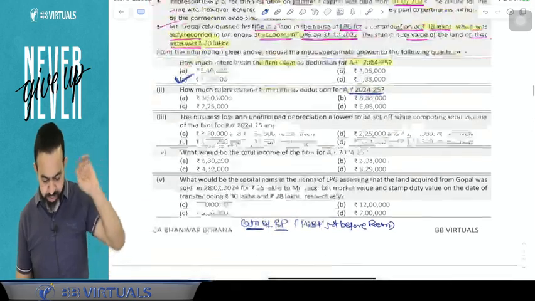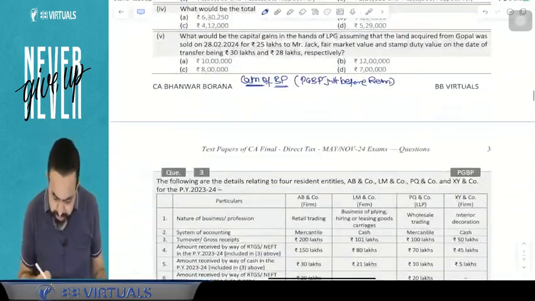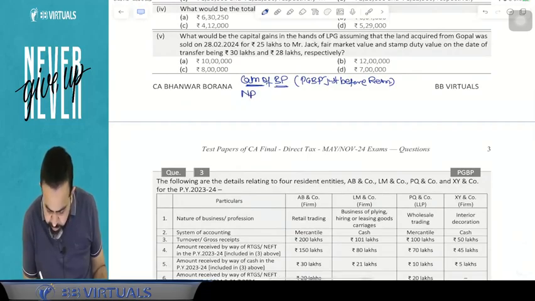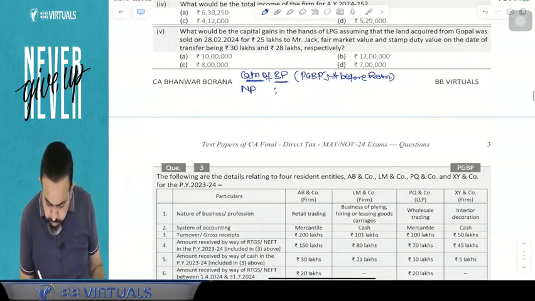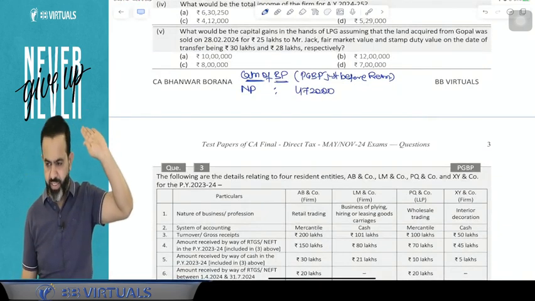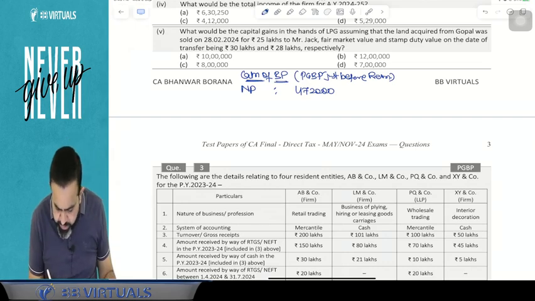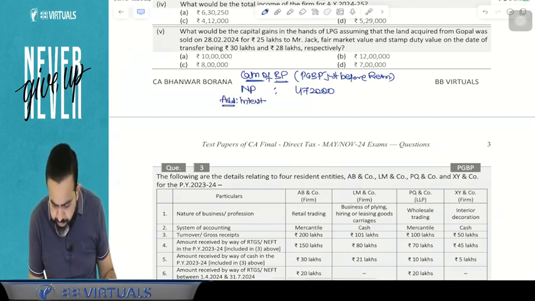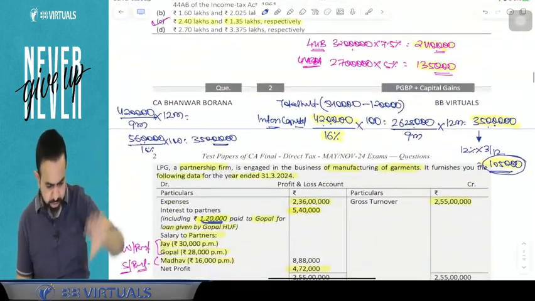Now, how to calculate the PGBP income? You will start with the net profit. Here net profit in this particular question is given as 472. Now whatever is disallowed, just add back. So one is the interest that is disallowed. And how much interest is disallowed? Only 2,25,000 interest is allowed.